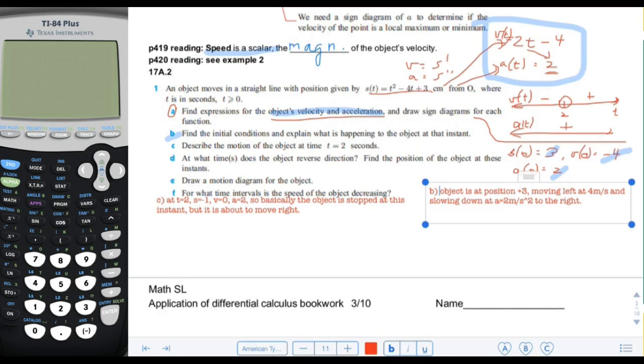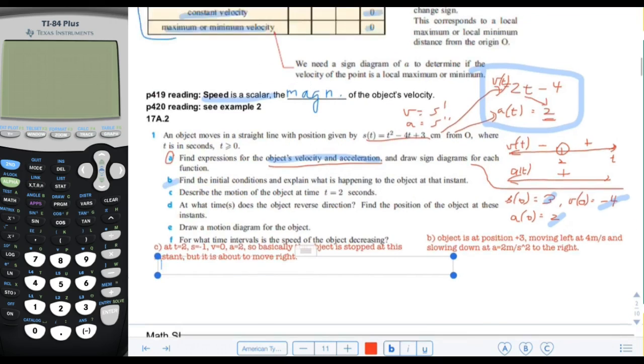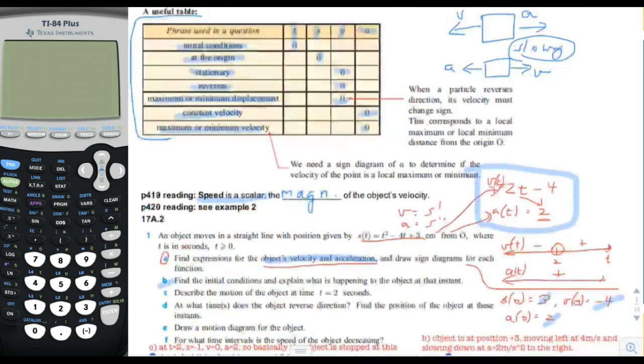What about D? At what time does the object reverse direction? Find the position of the object at these instants. Okay, so basically the object reverses direction. And remember, we looked at this thing. When it's reversing direction, it has the velocity equal to 0.